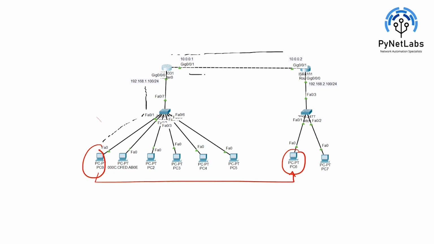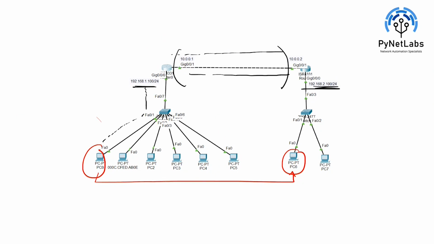So there is one router in between the two networks, between 1.100 and 2.100. We have used these addresses to make communication possible between two different networks. Whenever you are using any router interface, it is always mandatory that you assign an IP address. Okay.